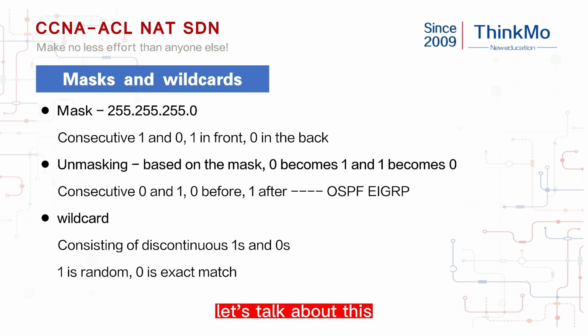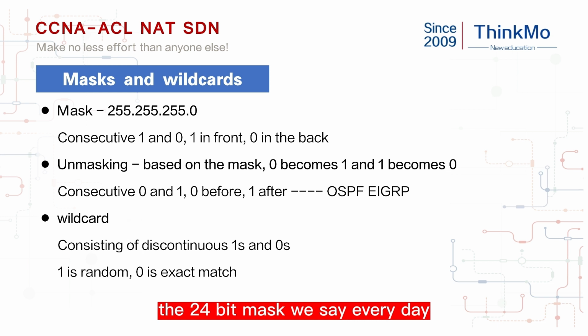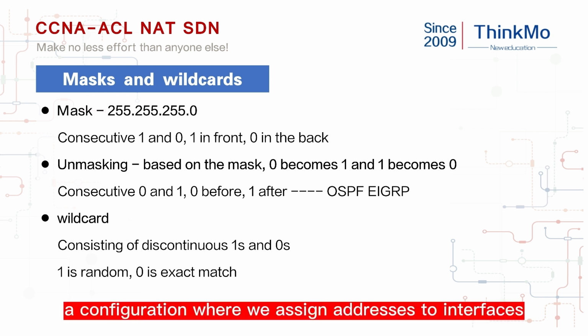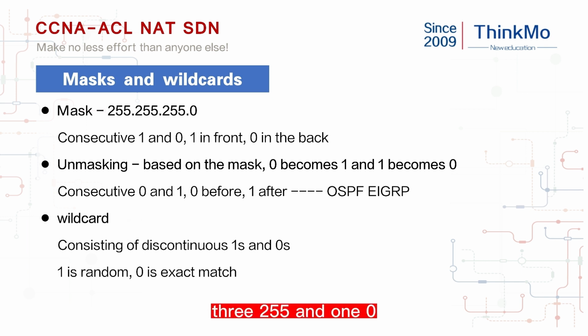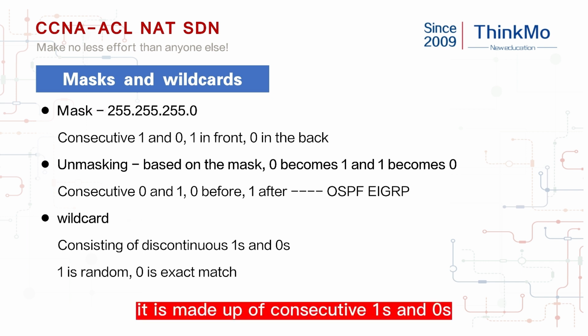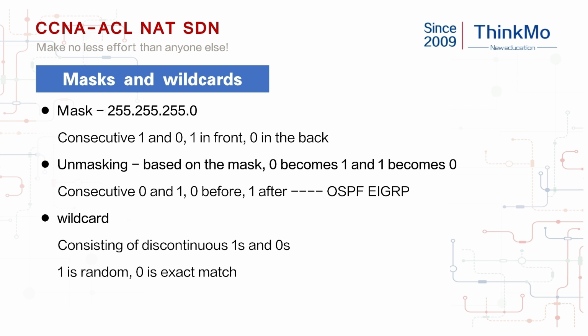Let's talk about this. First, the mask. A mask is the 24-bit mask we talk about every day, like the configuration where we assign addresses to interfaces: 255.255.255.0. It is made up of consecutive 1s and 0s, and it must be 1s first, then 0s after. It cannot have 0 preceding.